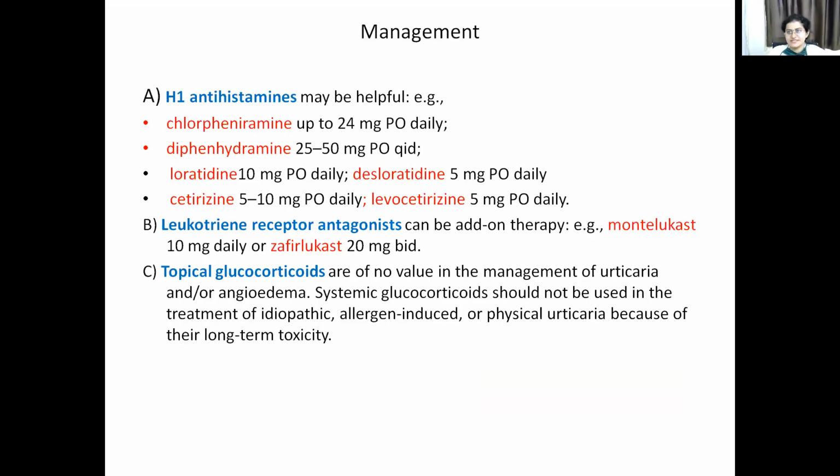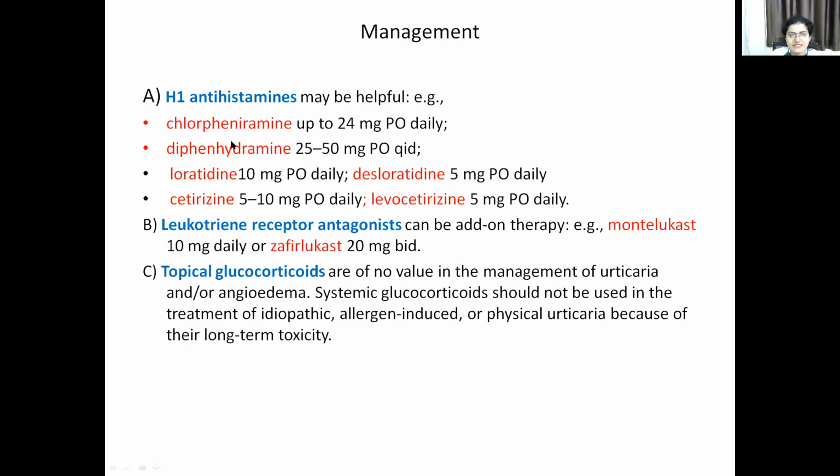Then what is the management? Mostly any allergic reactions can be treated with antihistamines, and mostly first we are choosing H1 antihistamines because they have some sedative property. Sometimes the reactions are very painful and itchy, and that too interferes with the person's sleep, so we need to give a sedative.